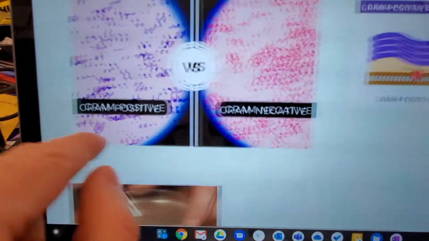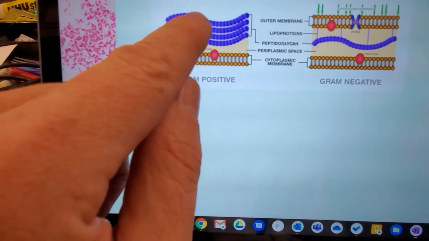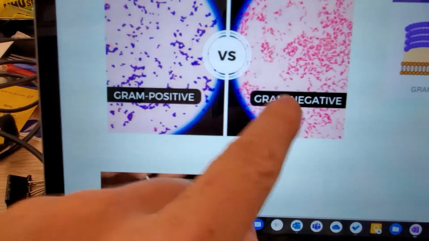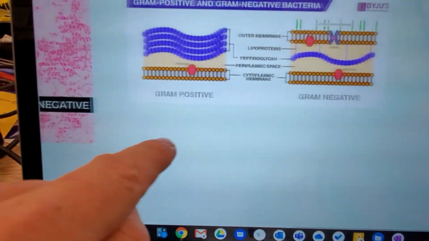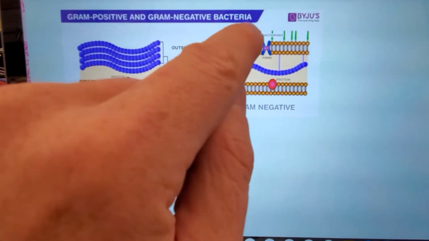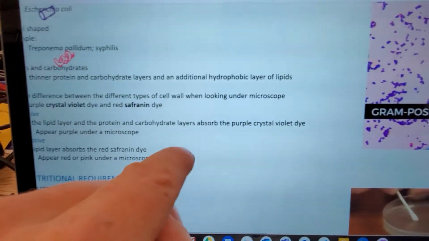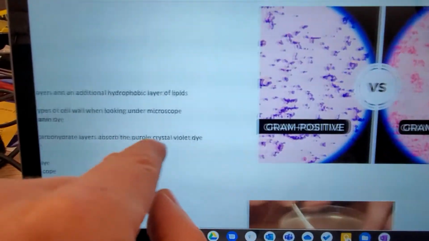With gram-positive bacteria, the crystal violet gets stuck in these layers of peptidoglycan, and as a result, they look purple under a microscope. With gram-negative, the crystal violet doesn't get stuck because there's a cell membrane here, but instead the safranin red gets stuck in the lipids.